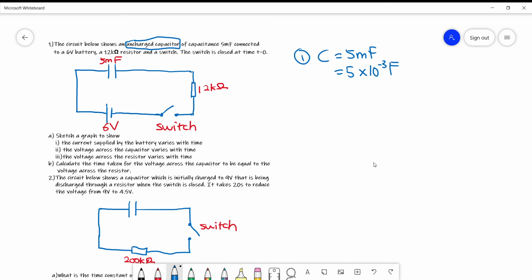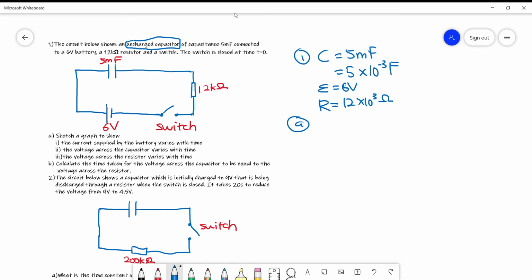My electromotive force is 6 volt, with a 12 kilo ohm resistor and a switch. The switch is closed at time t equals 0. My resistor is 12 times 10 to the power of 3 ohm.